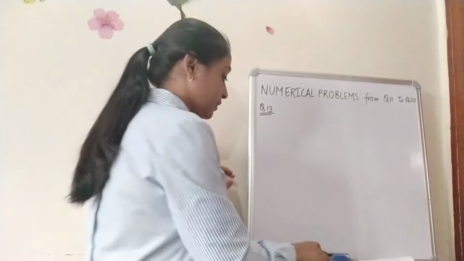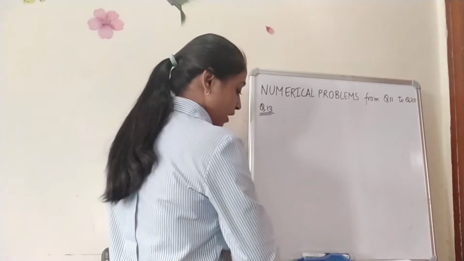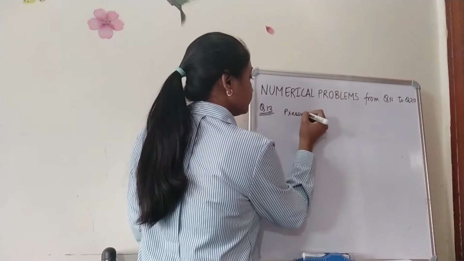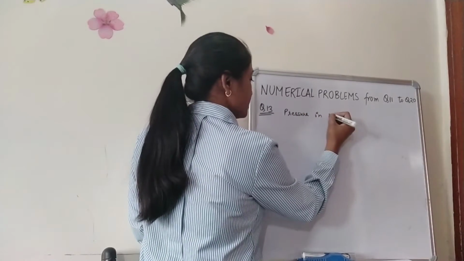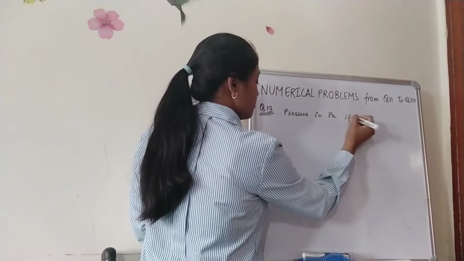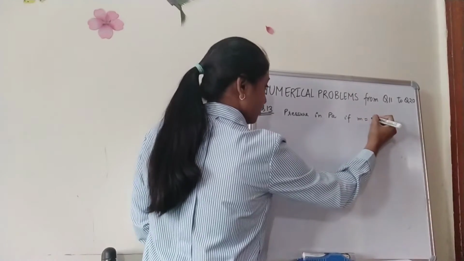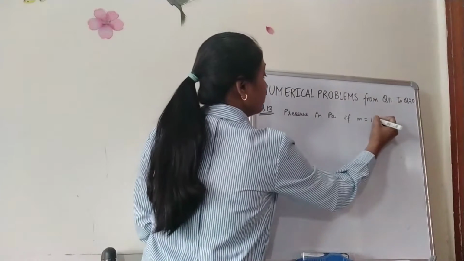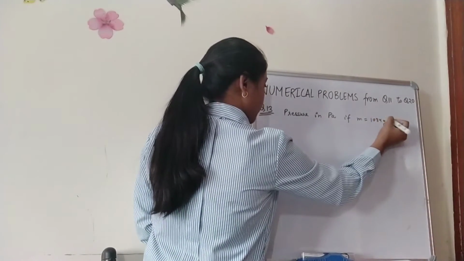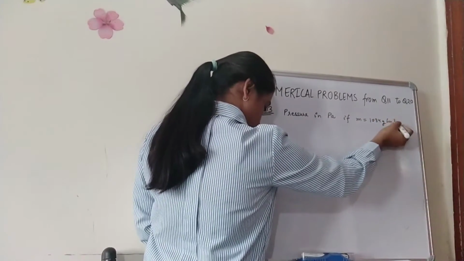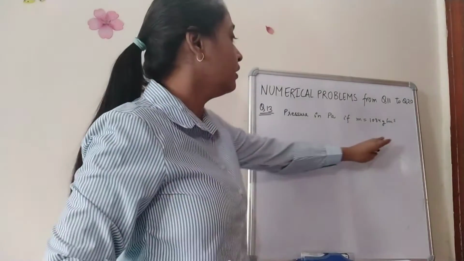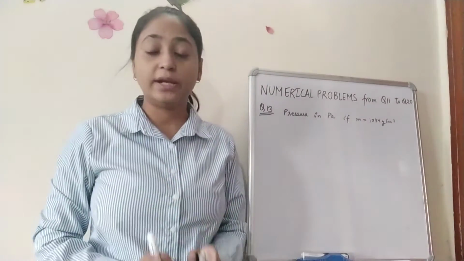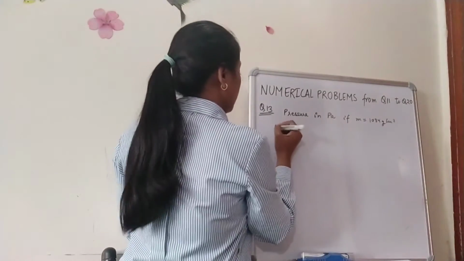So in question number 13, we have to calculate the pressure in Pascal if the mass of air is given as 1034 gram per centimeter cube. We have to calculate the pressure here. So what is the formula of pressure?